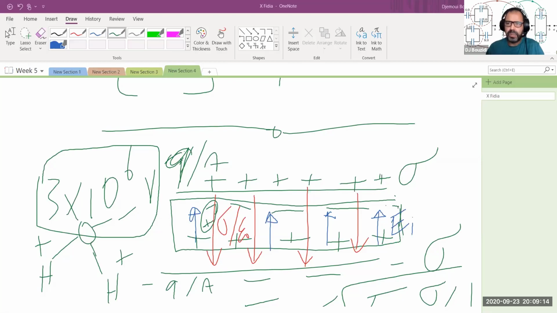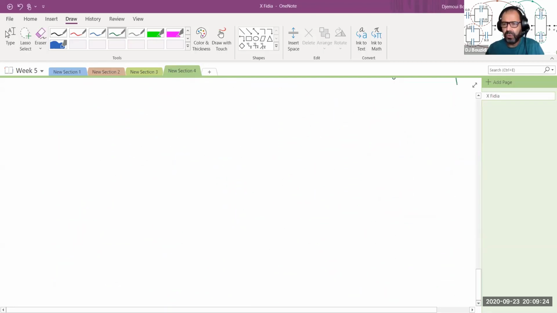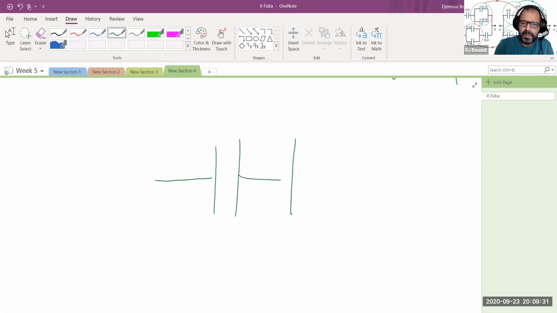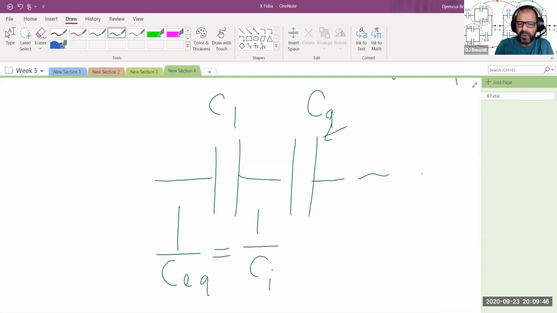The biggest thing that you really need to remember from this chapter, and that I didn't mention when I was trying to introduce the new concept we're going to cover today, is that if I have two or more capacitors, and I configure them so that they are in series, then they are equivalent to a single capacitor whose capacitance is the sum of the inverses.